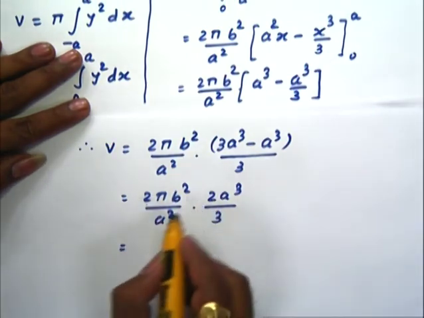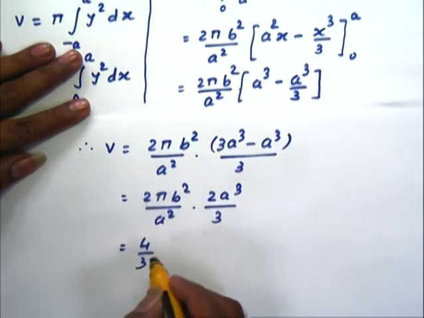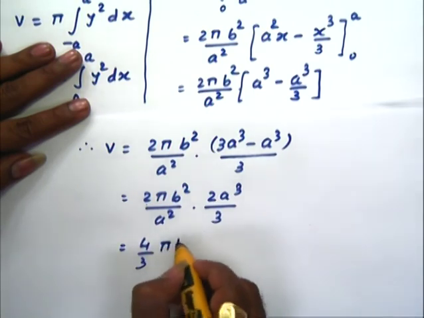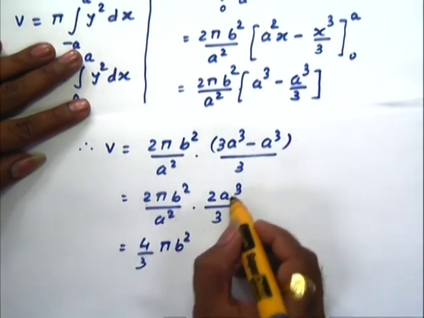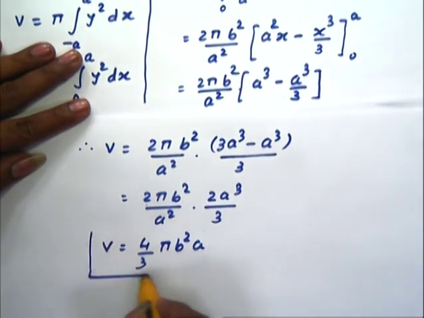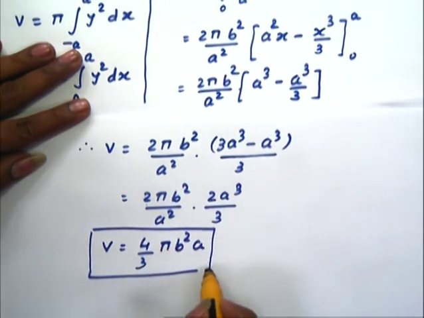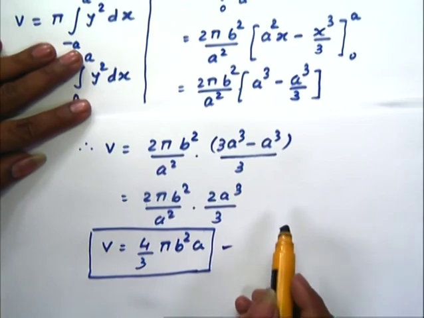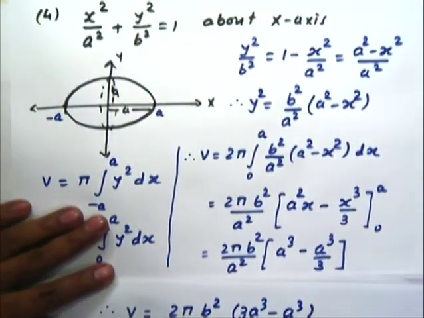So this is 2 into 2 is 4 by 3 pi b square, a square and a square will be cancelled out, so a. So the volume of this solid of revolution is 4 by 3 pi b square a. Okay, I think you all have understood these things.